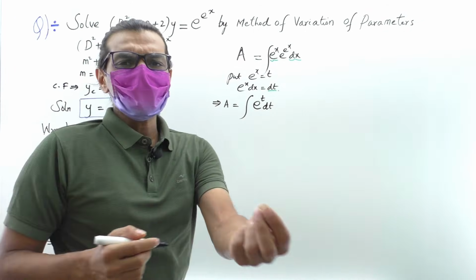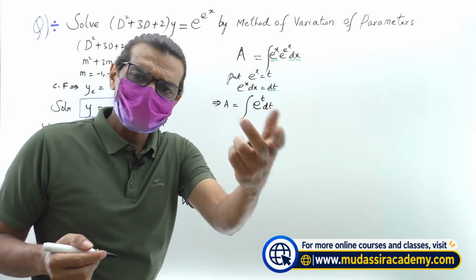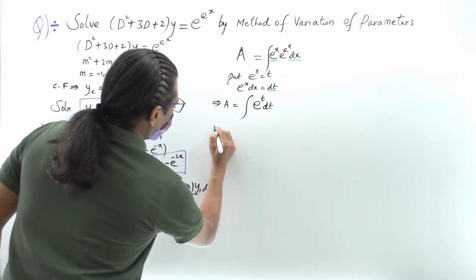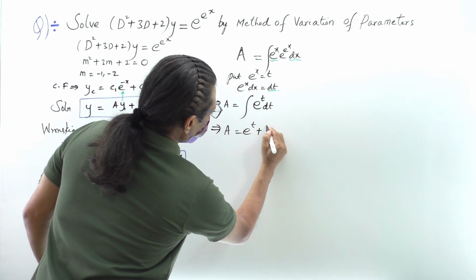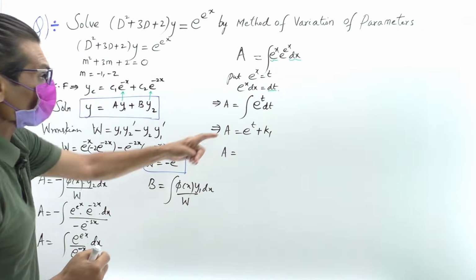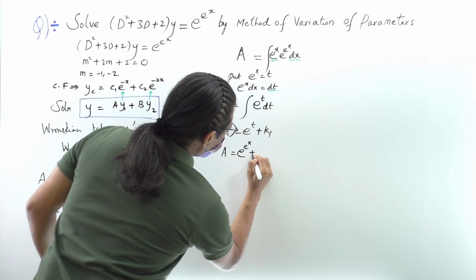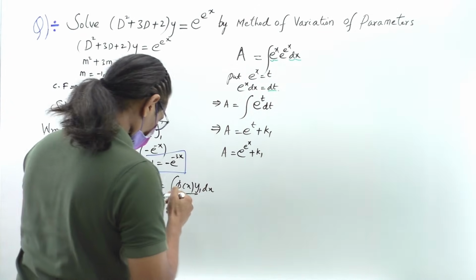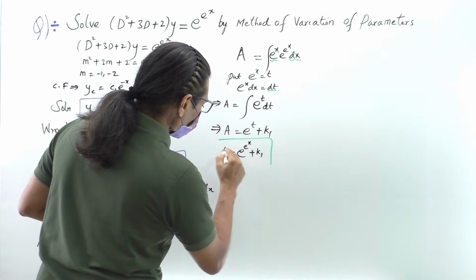So what is the integration of e raised to x? E raised to x is e raised to x only. So integration of e raised to t will be e raised to t only. Very simple integration. That implies a is equal to e raised to t plus I take constant k1. So it implies a is equal to, what is t? T is e raised to x. So e raised to power e raised to x plus k1. So this is the value of a. Underline it. So I found a.